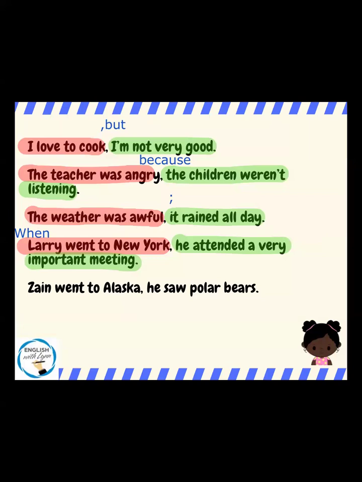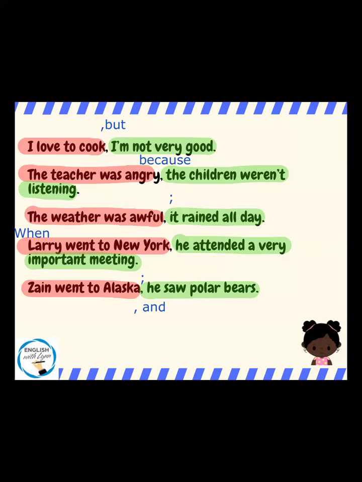Okay, and this final one with my comma splices, again, there's a couple of ways that you could tackle this. You could have this main clause here, and it's linked quite closely to the polar bears. So you could have a semicolon in here, or you might want to have a comma and then a conjunction, and maybe "and he saw polar bears".